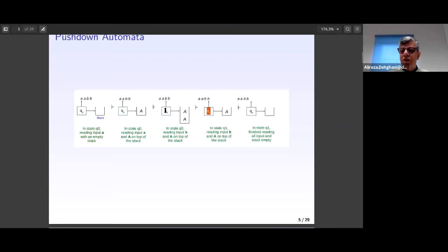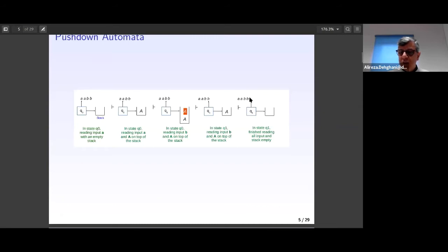So if you are in state Q0, you read character B, you take one thing from the top of the stack and go to state Q1. And again, if you are in Q1, you receive B, you take one character from the top of the stack, make the stack empty, and go to here.